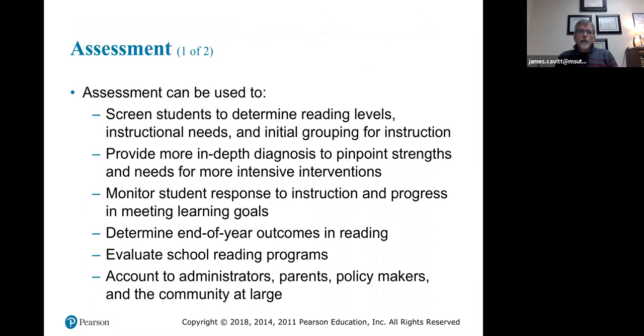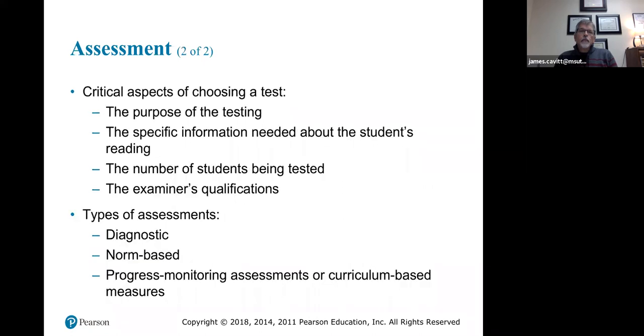Remember to use formative assessment and then summative assessment with kids. That's very important to know where they are. Assessment is part of instruction, very important. And you need to know why you're doing the testing.